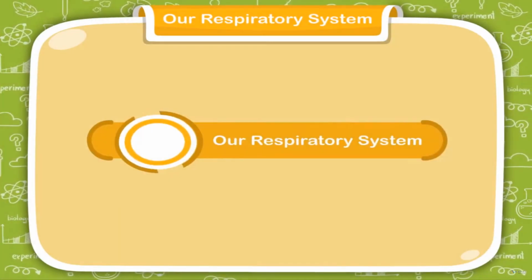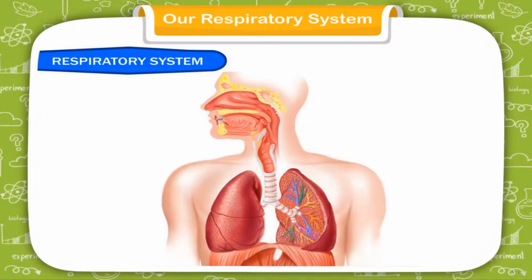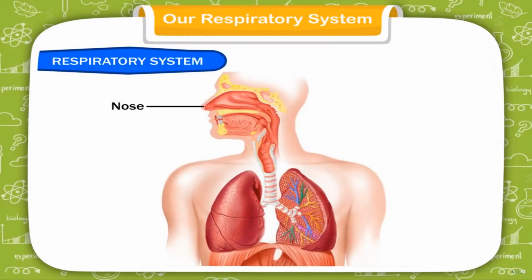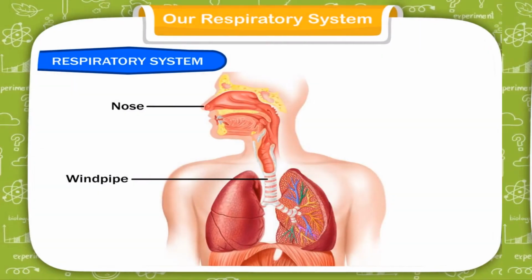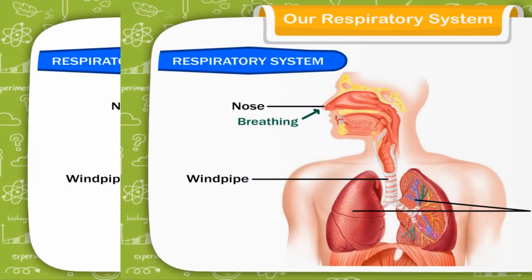Respiratory system. The main organs of our respiratory system are the nose, windpipe, and lungs. We need oxygen to stay alive.